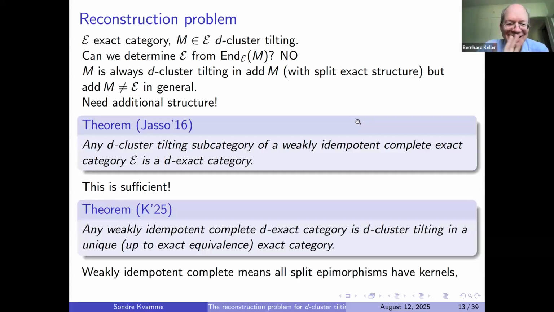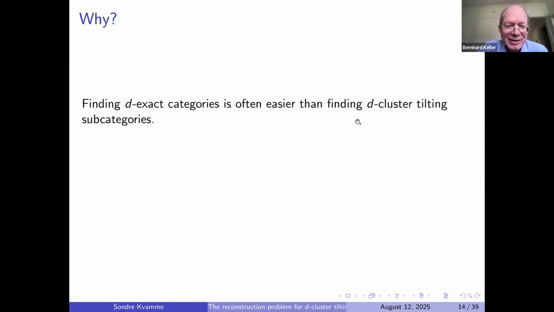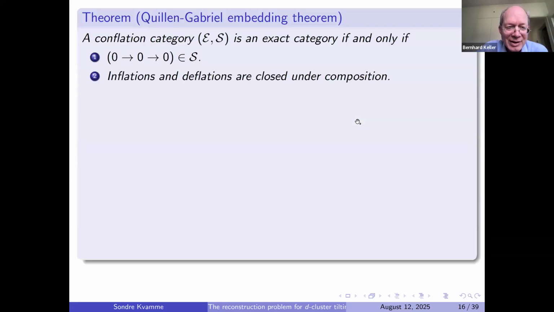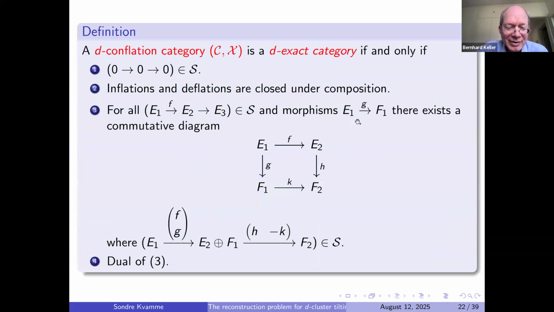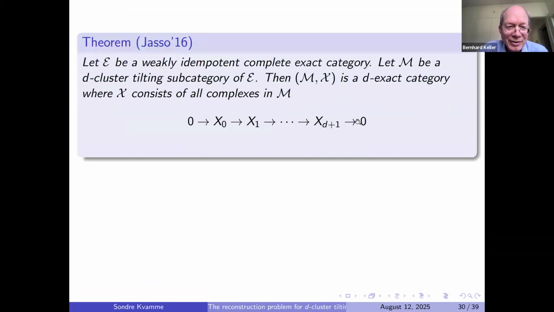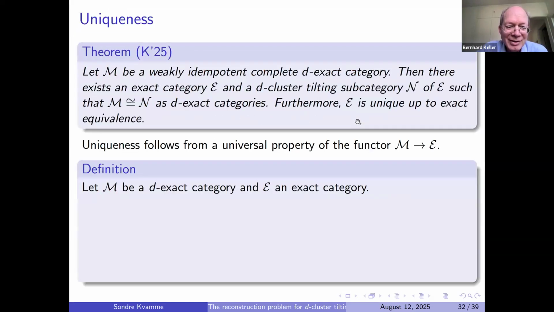Hi. Hello. Thank you, Sondre, for the beautiful talk. Yes, you can construct cluster categories as Verdier localizations of algebraic triangulated categories, and therefore they're also algebraic.